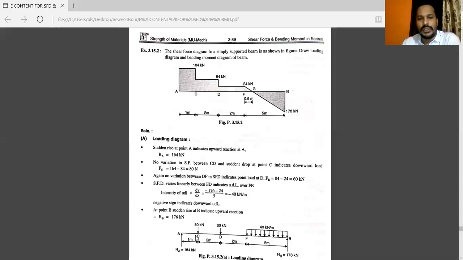After getting the loading diagram, you can calculate the values and draw the bending moment diagram also.